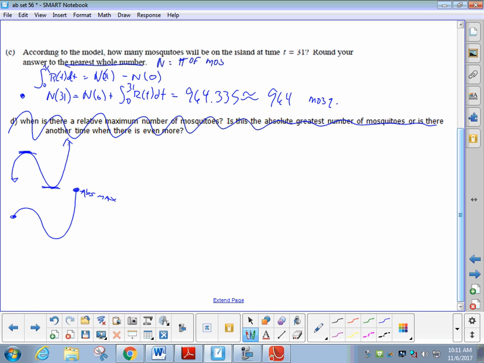Where's the absolute min? At the bottom. Okay, so this is the absolute min. Now you can see that these absolute extrema are coming from two different sources. This is coming from an endpoint. At the end of a growth, it might be its greatest possible point. This is at a critical number, where the derivative takes a turn. You might have hit a low point.